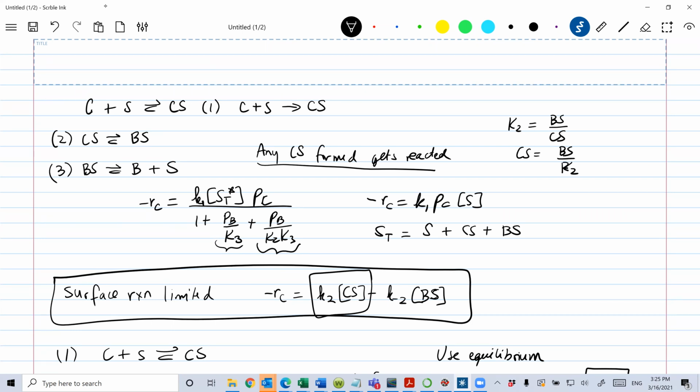Yeah. And now let's solve for BS in reaction 3. Okay, so then you have, okay, so you can take that and put that here.